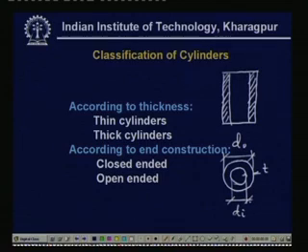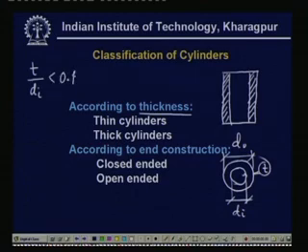Now, cylinders are classified according to various criteria. One is according to the thickness. If this T, that is the thickness of the cylinder, is very much small compared to di, then we call this a thin cylinder. Now, how much small? The practice is T by di must be less than 0.1.